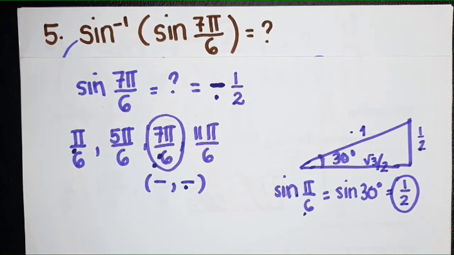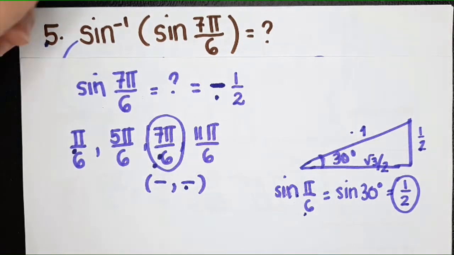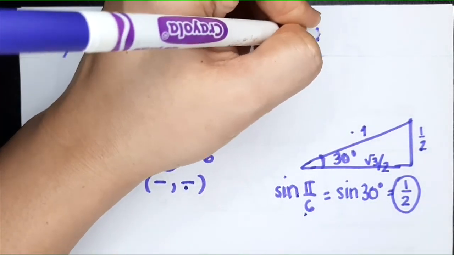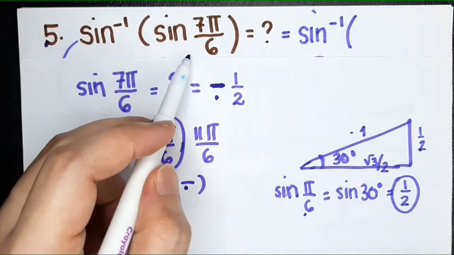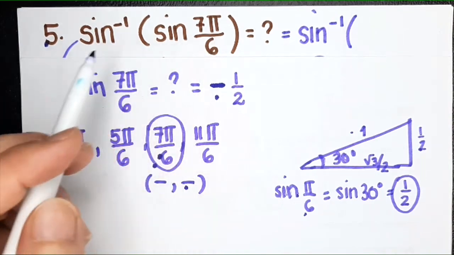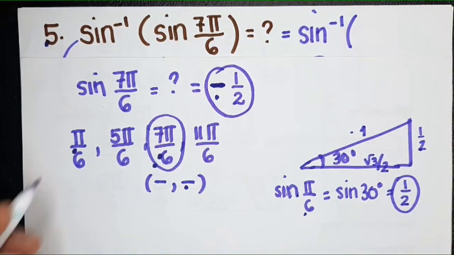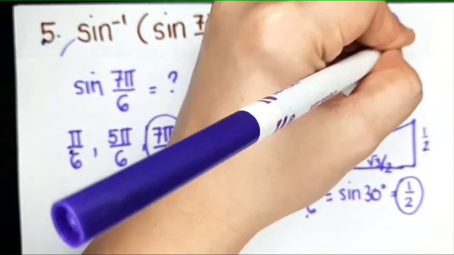Okay? So, kapag bumalik tayo dun sa ating problem number 5, parang you're looking for sine inverse of, alam mo na ang value ng sine of 7 pi over 6. It is negative 1/2. So, I'm going to write negative 1/2 here.